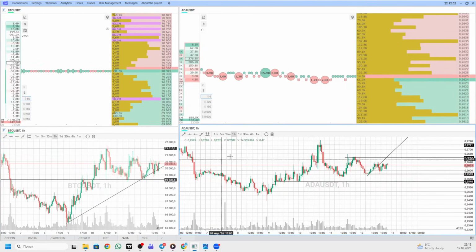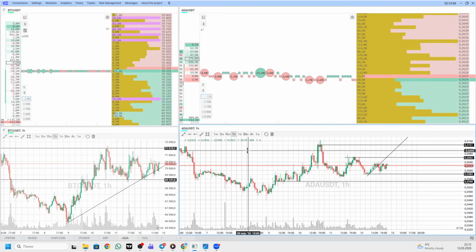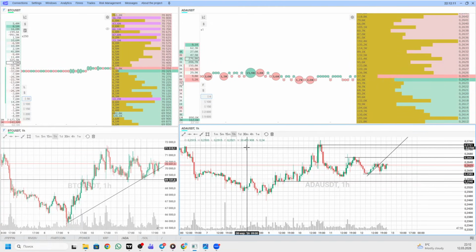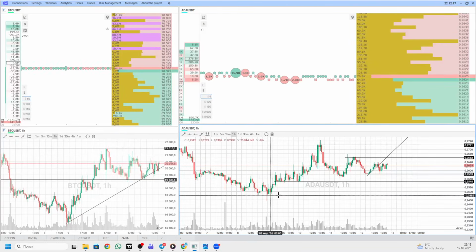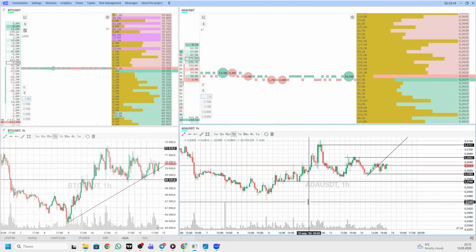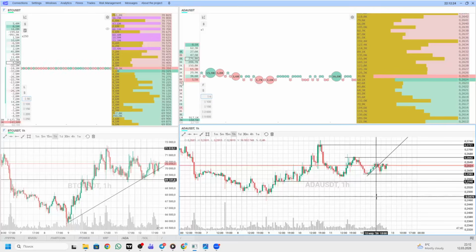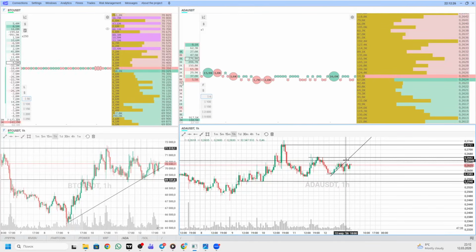And one more important point, please remember that if you see that the hourly candle is still in progress, it's better to wait for the candle close before confirming your entry, especially if there are 5-10 minutes left till the hour changes. Okay, so let's go on.